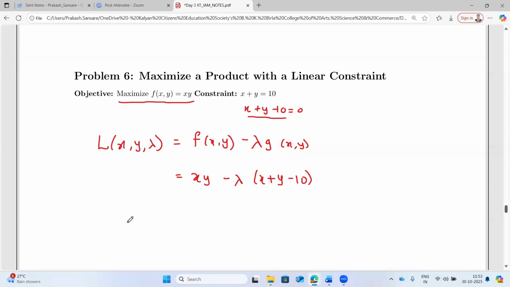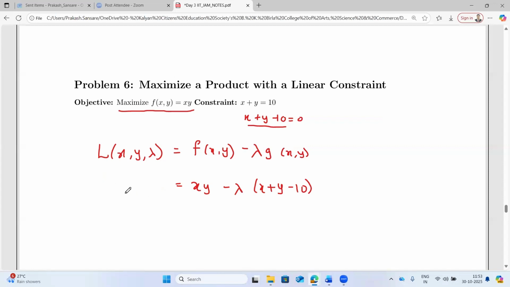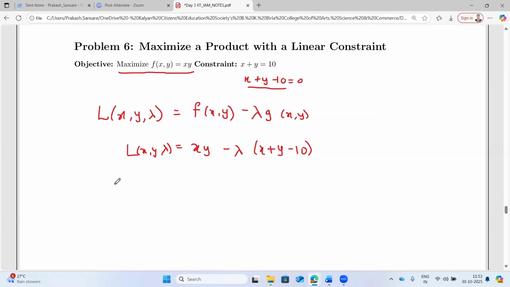Now this is L of x, y and lambda. Now find the derivative of L with respect to x, y and lambda. So dou L by dou x will be y minus lambda, and set it to 0 to get the critical point.